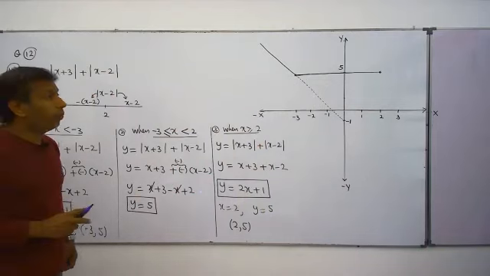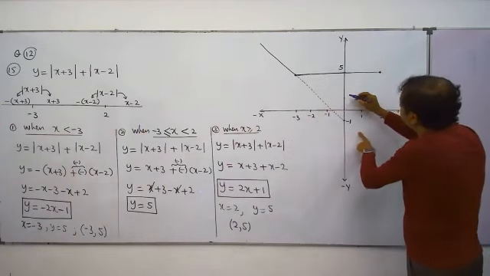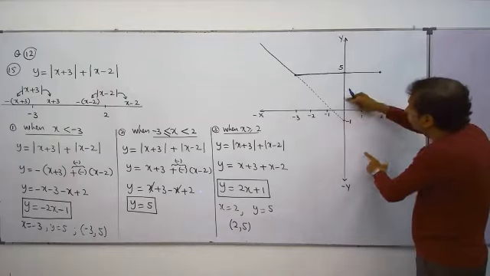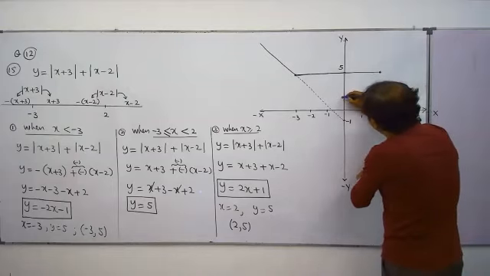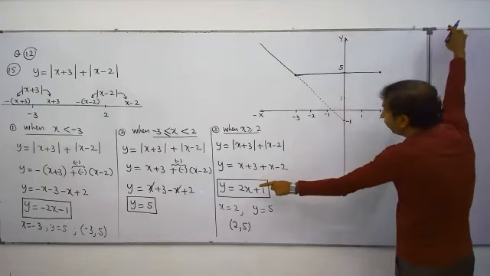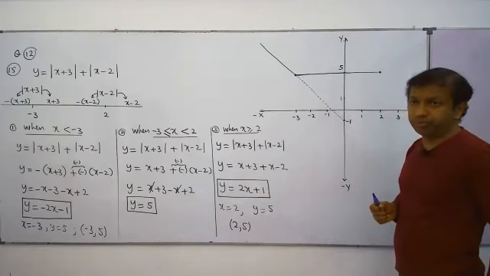Right. Now we have to join this point and this point. Then we get the whole line. But do we need the whole line? No. By joining this point and this point, this is 1, right? By joining this point and this point and producing the line to both ends, we get this whole line. But do we need the whole line? No. Then what?